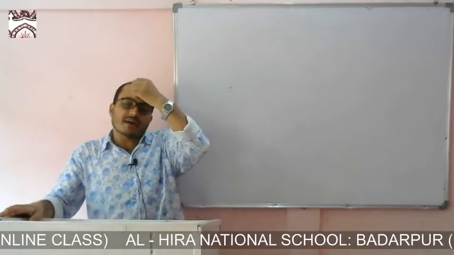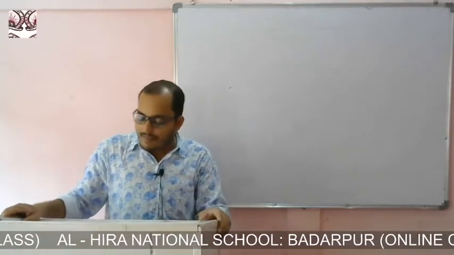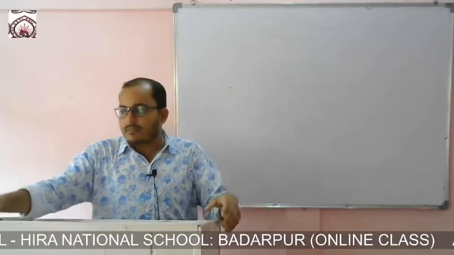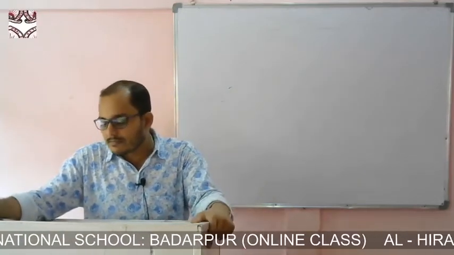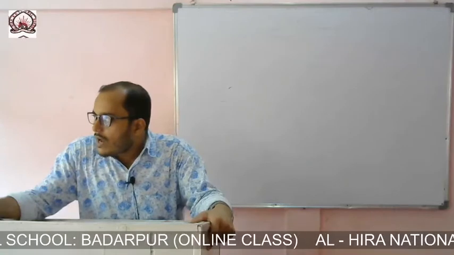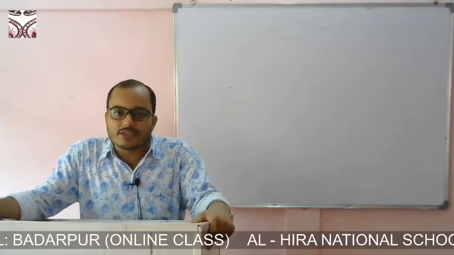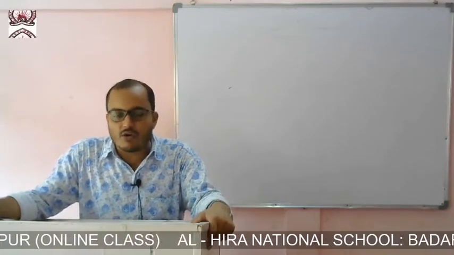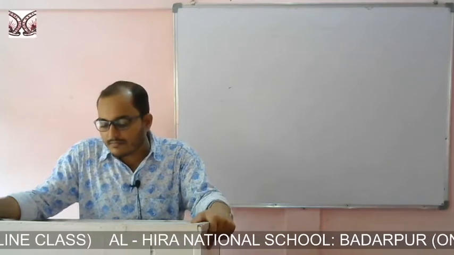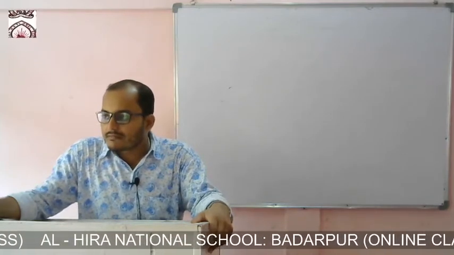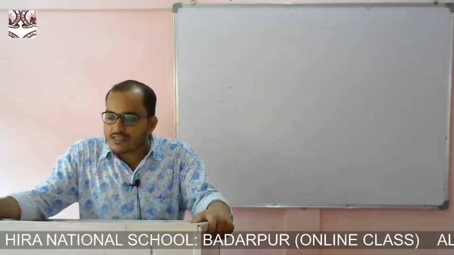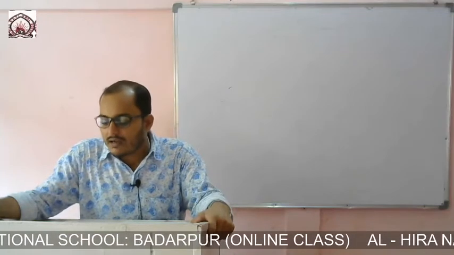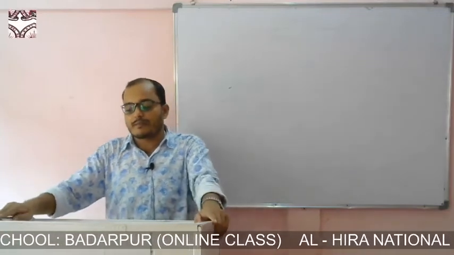Now India's relation with Pakistan. India's relation with Pakistan has not been very cordial since the birth of both the dominions. However, from time to time India tried to establish a friendly and cordial relation with Pakistan, but Pakistan always tried to attack India and wanted to capture Kashmir.